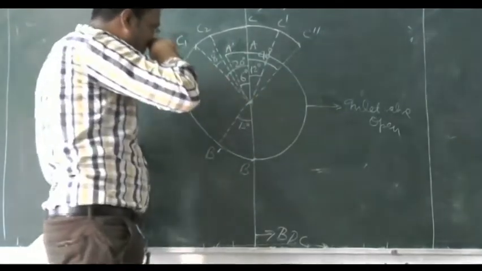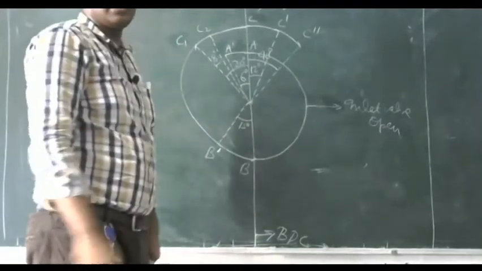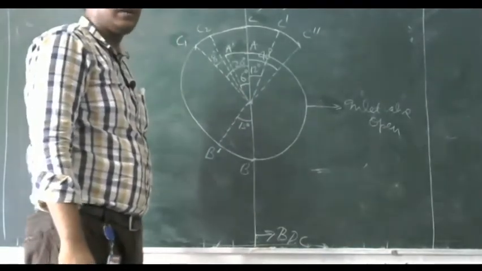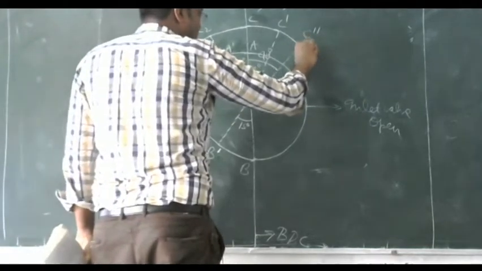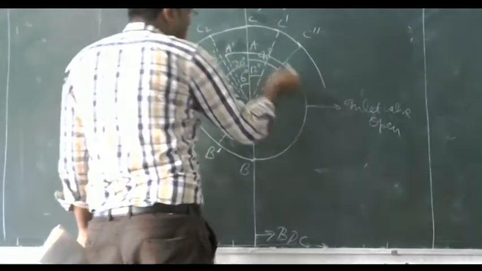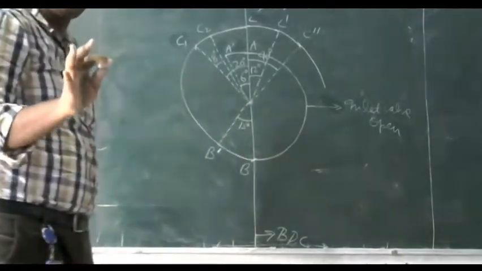Now from point C, expansion also starts. Expansion process also starts here. So again, from point C, expansion process proceeds. During this whole process, inlet and outlet valves are both in closed position.